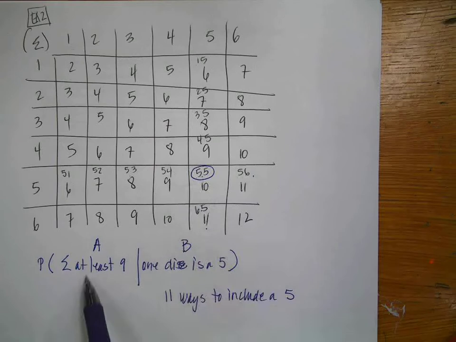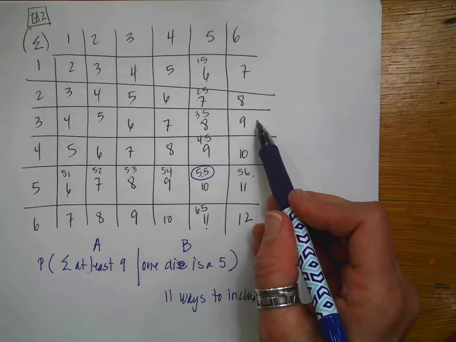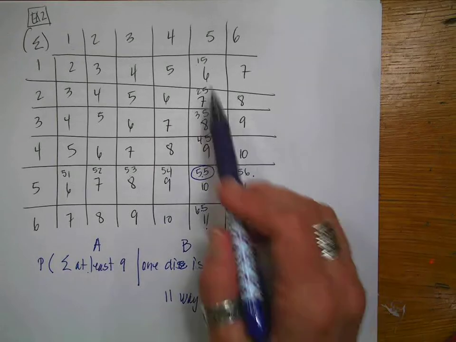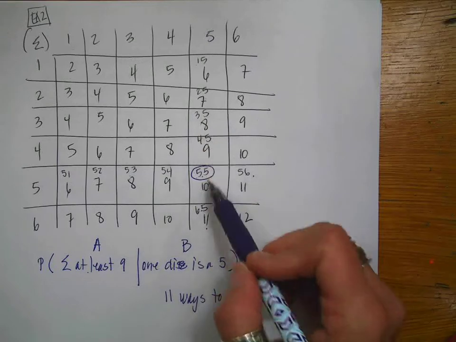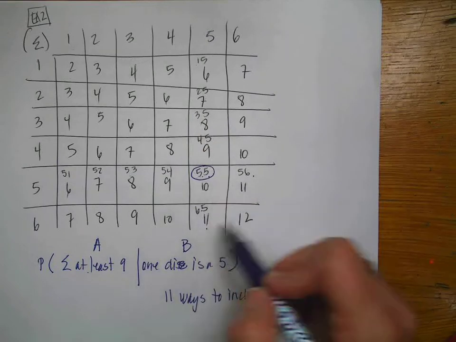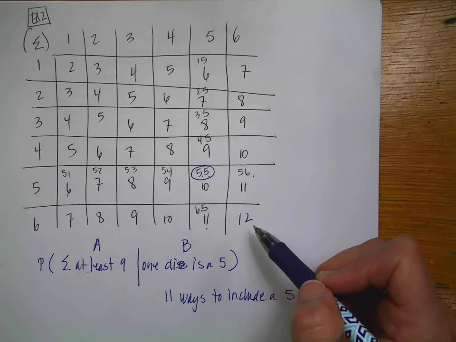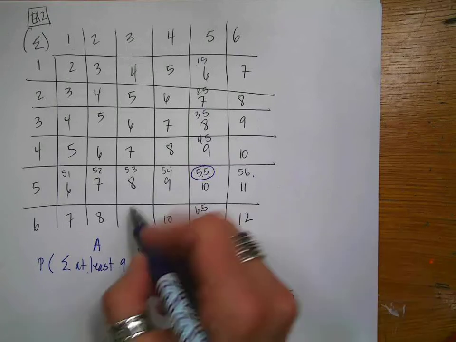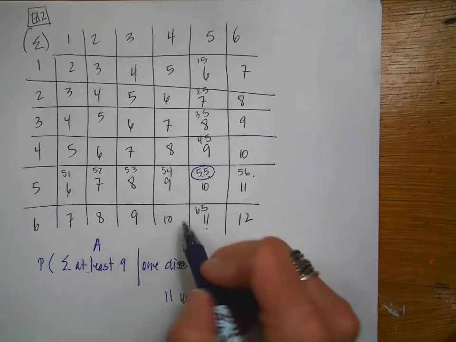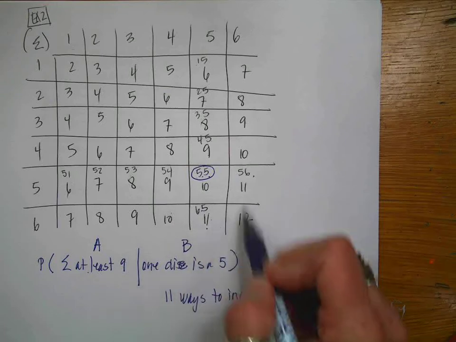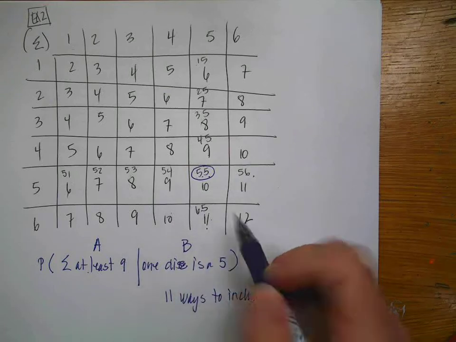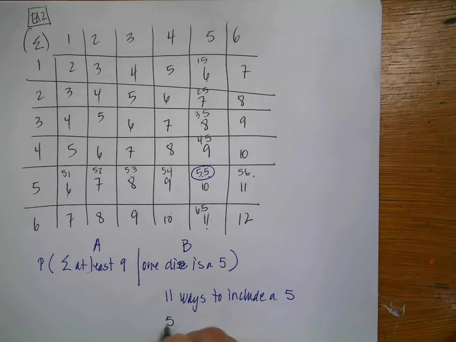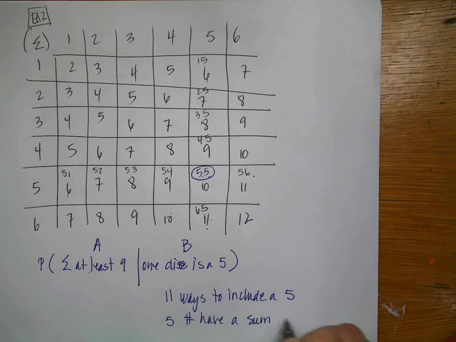Okay, and then if we look at the sum, so it says the sum is at least 9. Okay, so there are, this one is 8, this is 9, this is 10. So there are 5 where the sum is at least 9. Okay, so if this is my sum is at least 9, so I'm going to have 1, 2, 3, 4, 5, 6, and then I have 5 of those numbers have a sum of at least 9, okay?